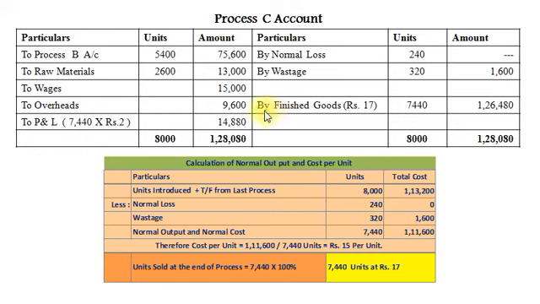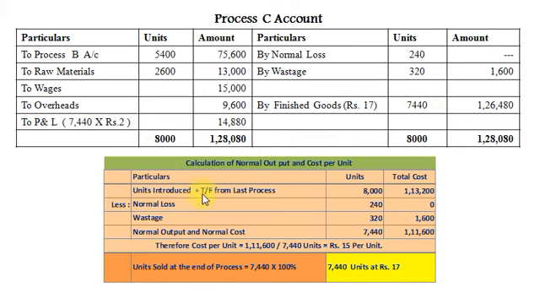And finally by finished goods, unit will be 8,000 minus 560, it would be 7,440. Now let us calculate the cost of 7,440 units. Here is the working.